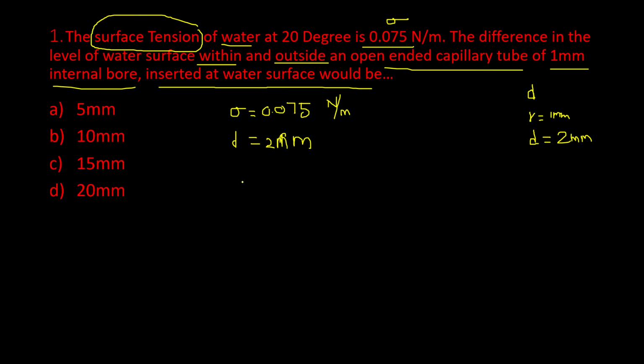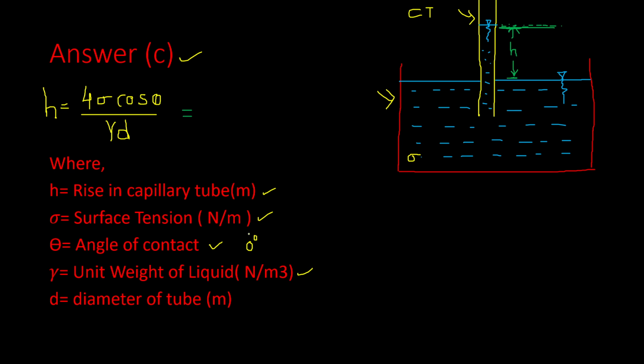Okay, so let's write the formula here. H is equal to 4 sigma cos theta divided by gamma into D. So let's substitute the values one by one. So it is 4 into sigma value is 0.075. Theta value we have discussed, theta is 0 for water.